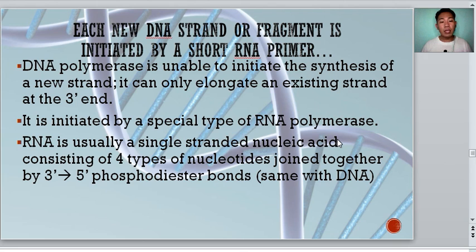So, it is initiated by a special type of RNA polymerase, and this RNA is usually a single-stranded nucleic acid consisting of 4 types of nucleotides joined together by the 3' to 5' phosphodiester bonds, the same as in DNA.